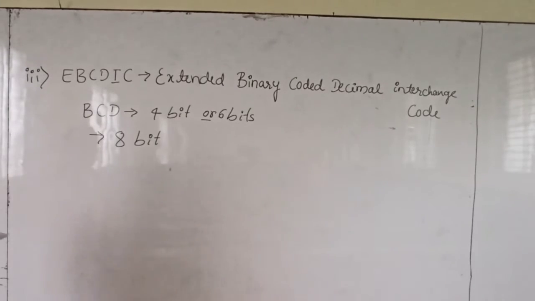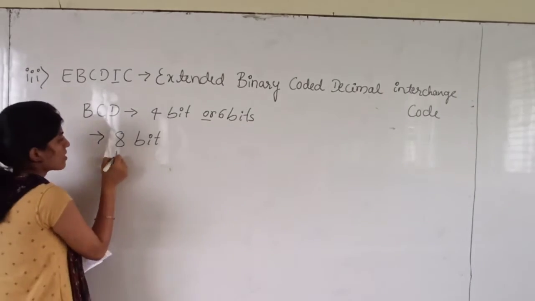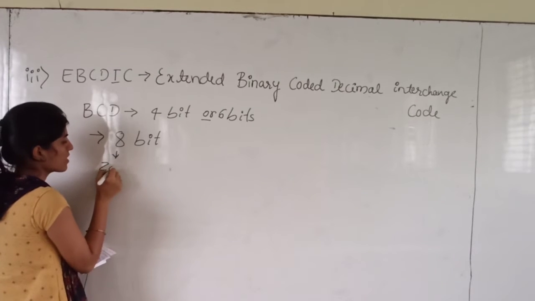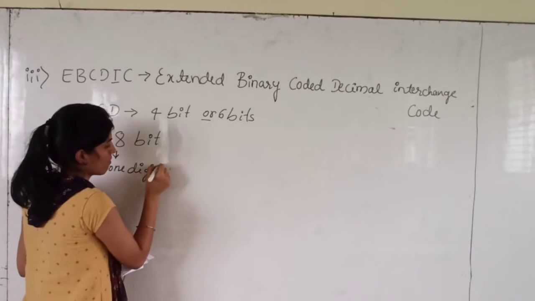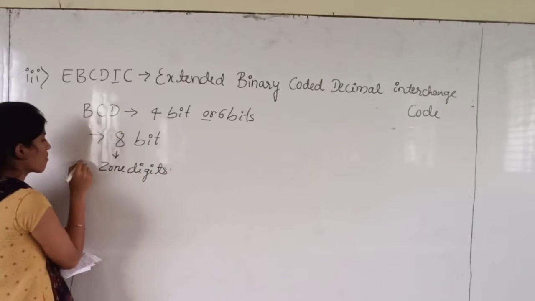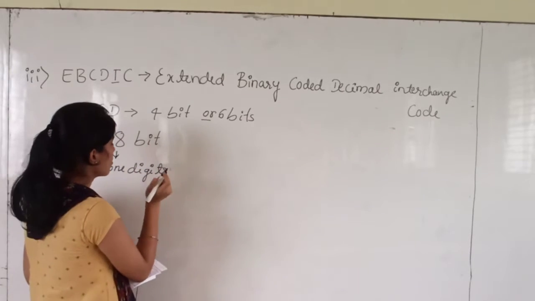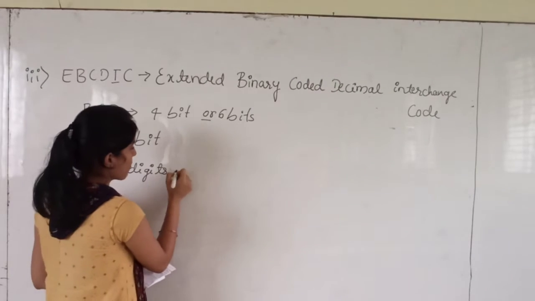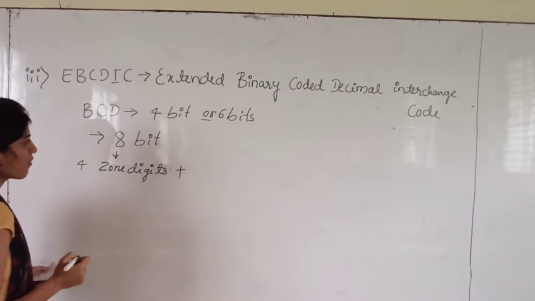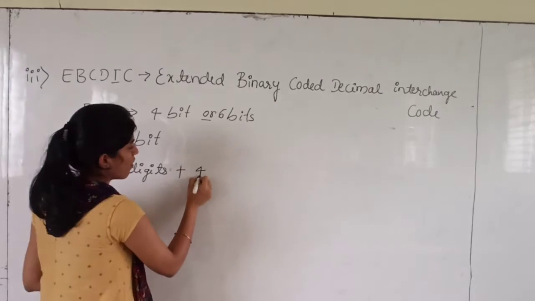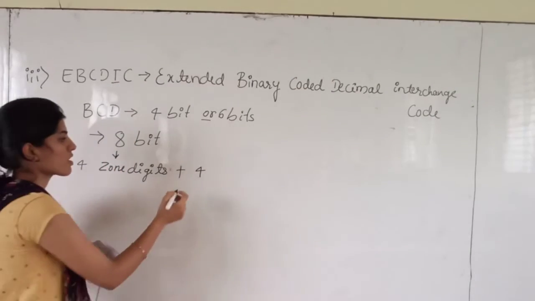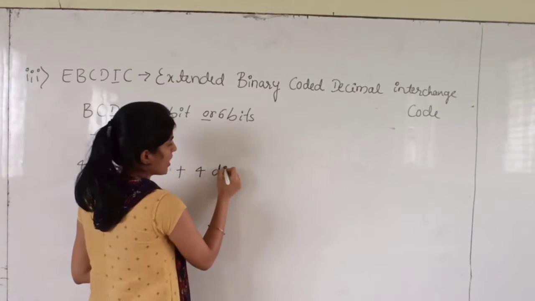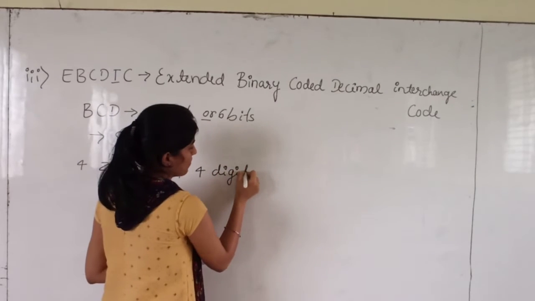The first 4 bits are set as zone digits, and the other 4 bits are used for character representation. These 4 bits change from character to character.